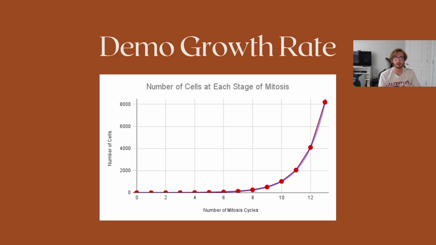In calculus, you get to functions. This is an exponential function. Which essentially means that with each cycle of mitosis, the number of cells grows exponentially. And you'll see that in the demo in about 30 seconds.